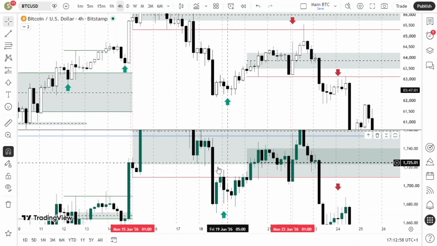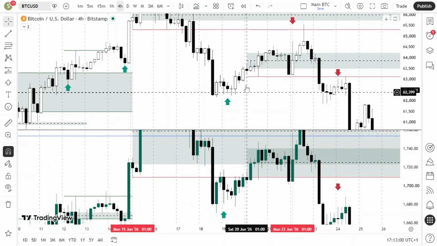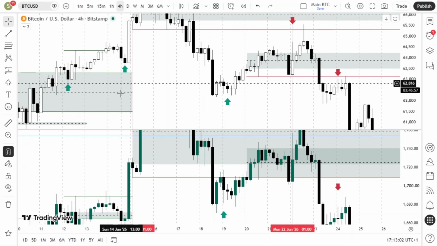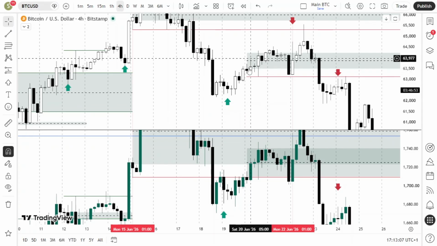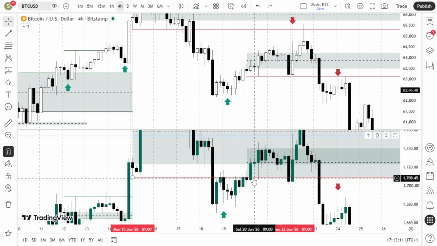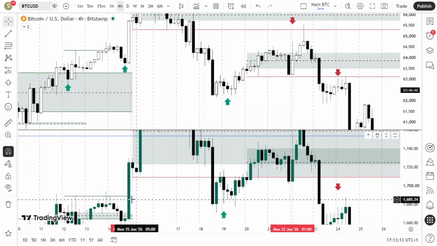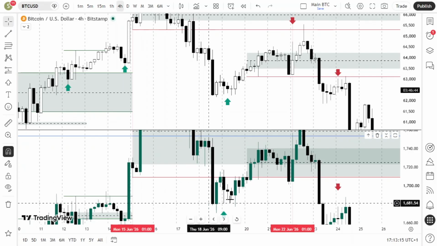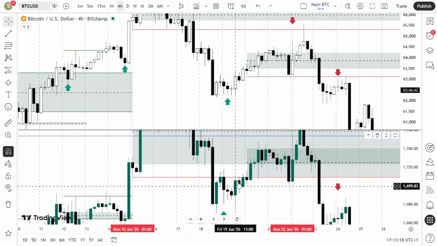Now, around this point, the new order blocks being created over here are not inside of the 4-hour and the daily order block. They are starting to move outside of it. So always be cautious, be aware of other blocks that are embedded inside of your daily order blocks and other blocks that are not embedded.